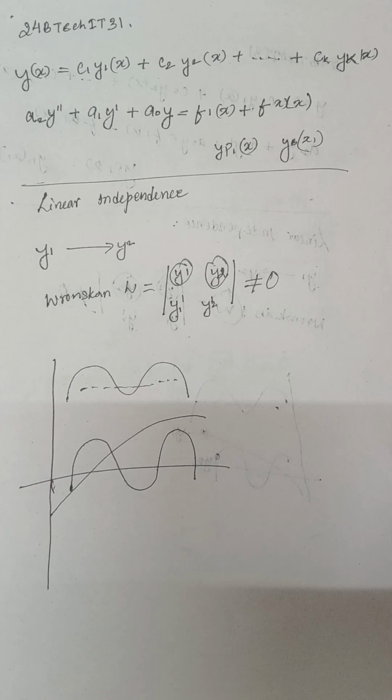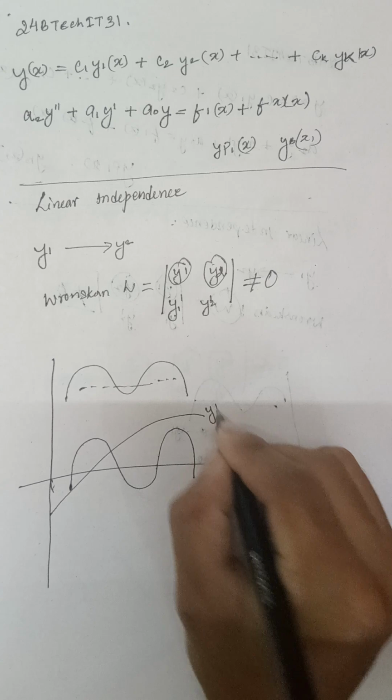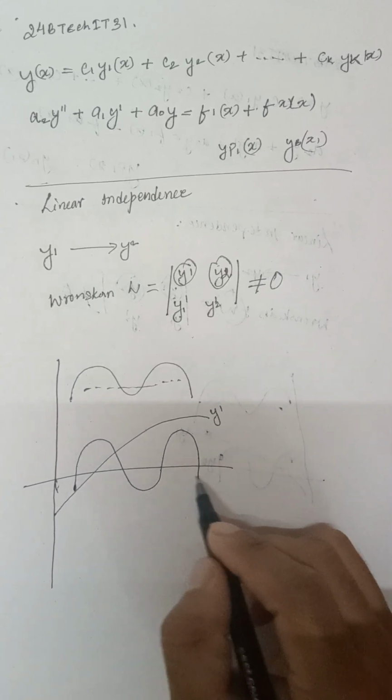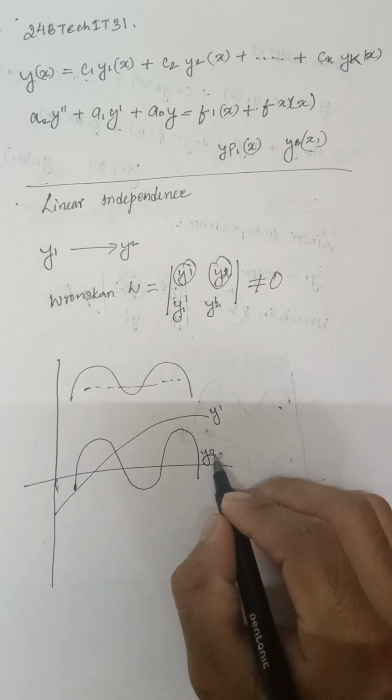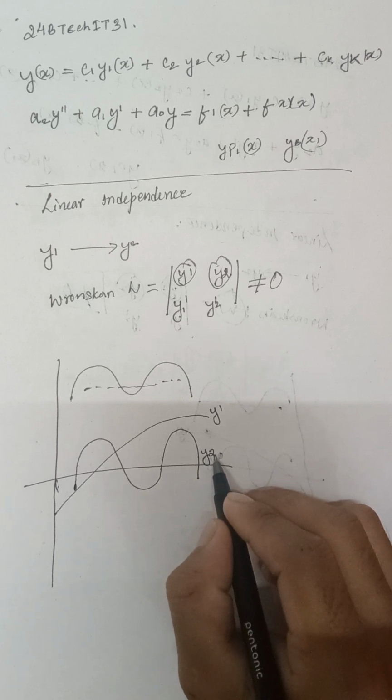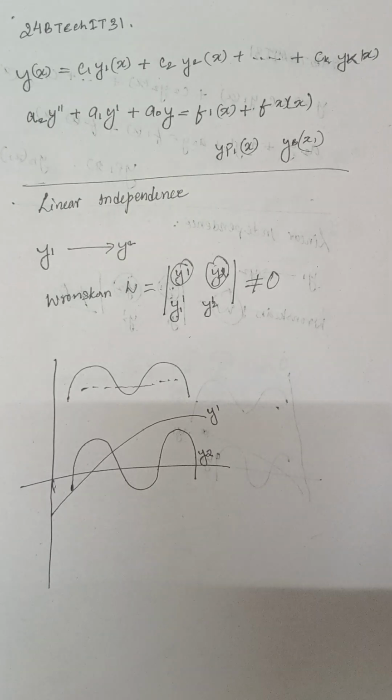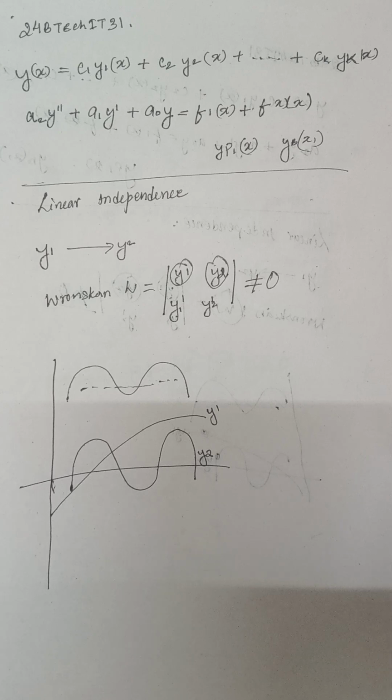If this one is y1 and this one is y2, there is no way that I could get from y2 to y1 by simple multiplication. That means these two functions are so different that they are linearly independent of each other.